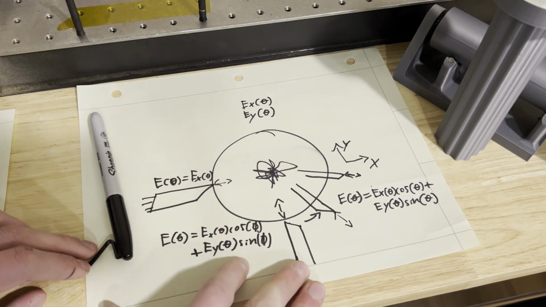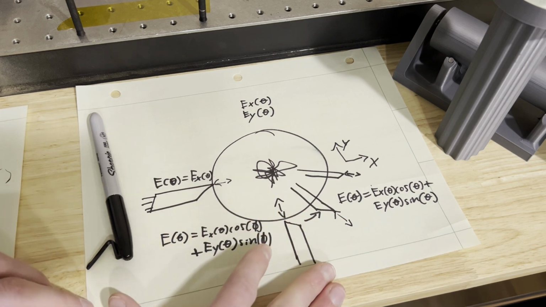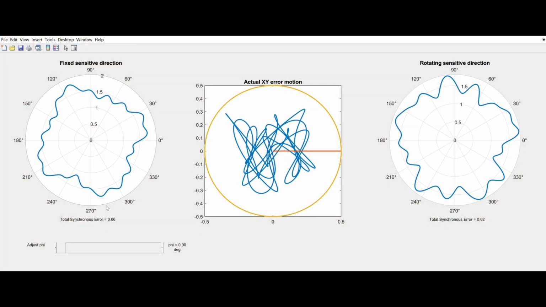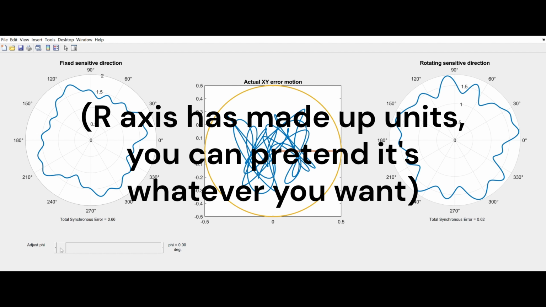Let's go into Matlab and take a look at a little demonstrator that helps us visualize this a little better. So we're here in Matlab where I've modeled the error motion of a sample spindle. It was done by just making an arbitrary Fourier series with some various frequencies and amplitudes to approximately represent a real spindle's error motion.